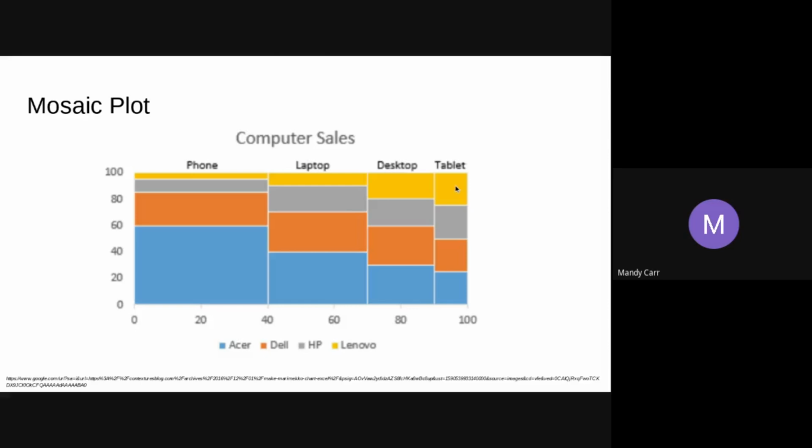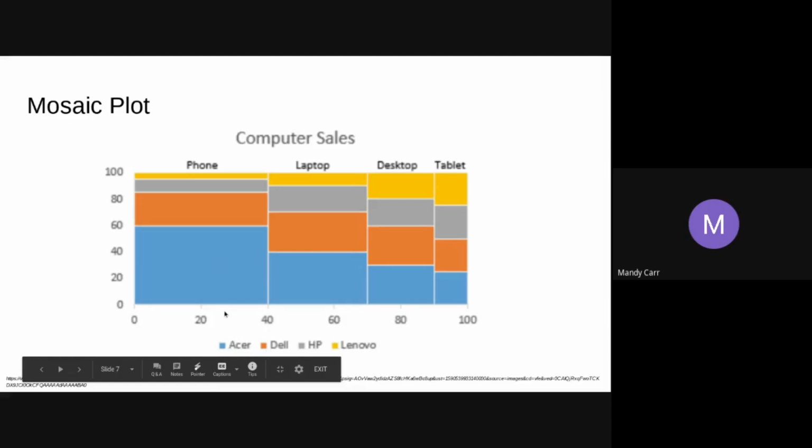Okay, so we can tell that tablets sold the least number because its column is the narrowest. Now, within each of these columns, you see it matches up to this color-coded brand down at the bottom.